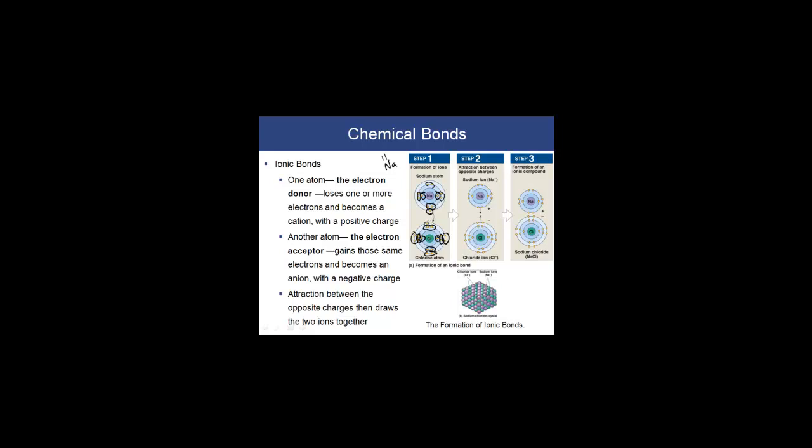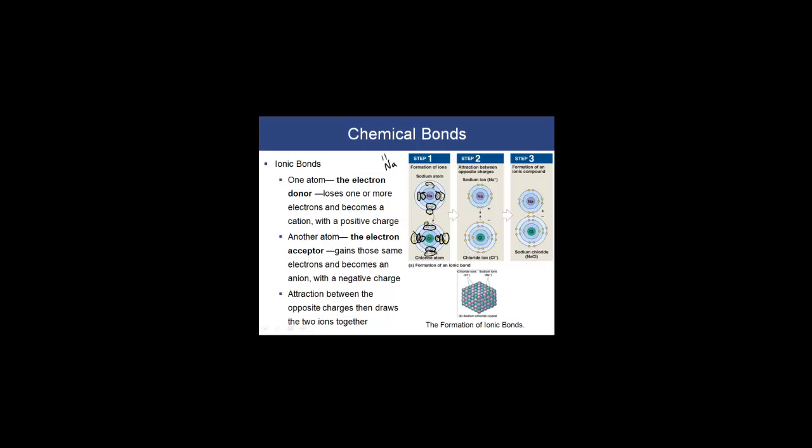So what do all atoms want? They want a filled valence shell. Is the valence shell of chlorine filled? The answer is no. It only has 7. It can hold 8. Therefore, one of two things can happen. It can either lose 7 electrons or gain 1.